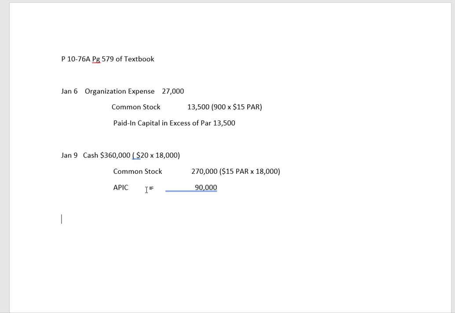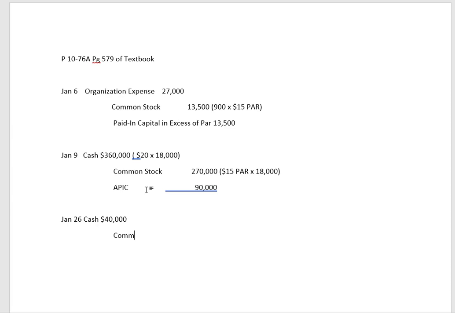Right. Then we have January 26th. We issue 1,600 shares of stock for $25 cash per share. So another very straightforward transaction. So how much cash are we getting? 1,600 times $25 is equal to 40,000.